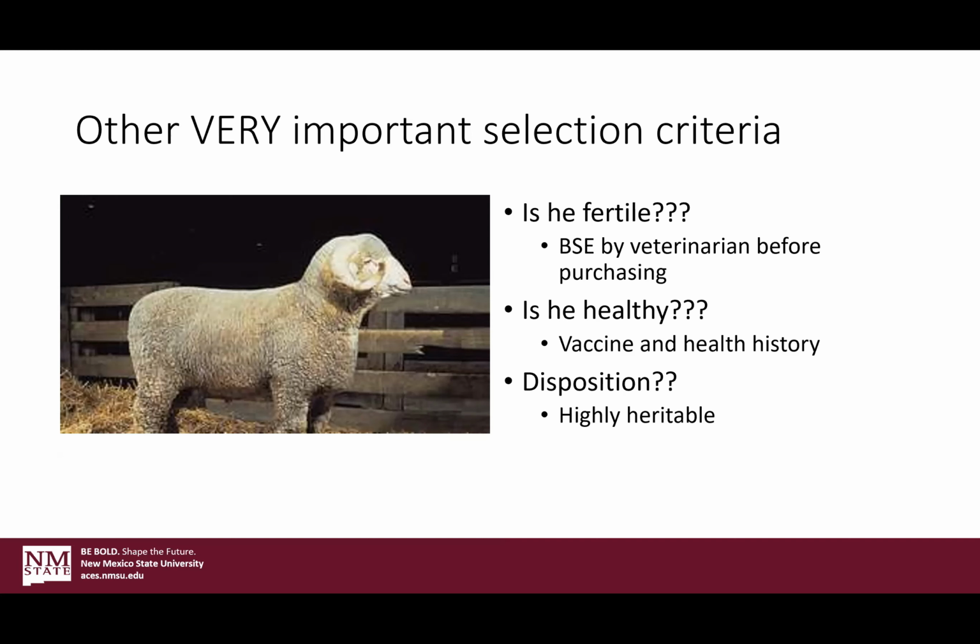He'll pass it on to his offspring, and that can impact reproduction on the female side. If they're high stress animals by nature, they tend to not breed that well, or in the feedlot, they certainly are more susceptible to sickness and poor performance.